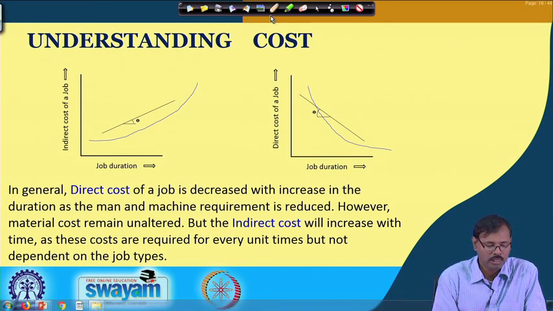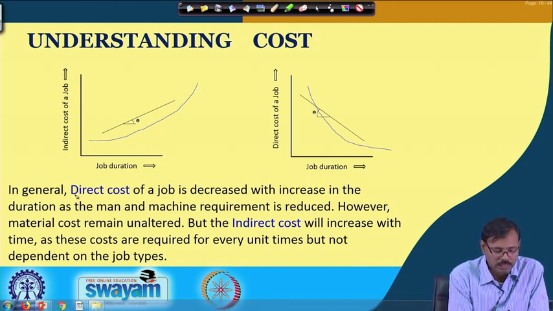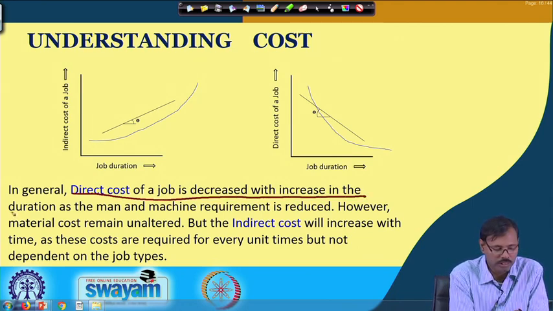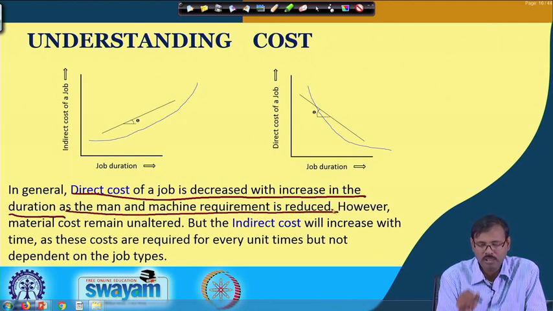In general, the direct cost of a job decreases with an increase in the duration, as the man and machine requirement is reduced.